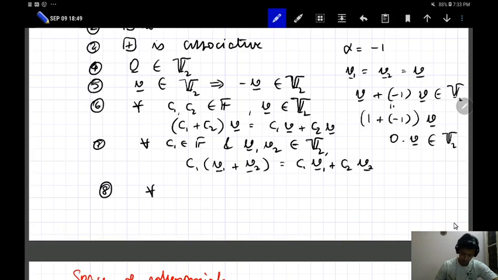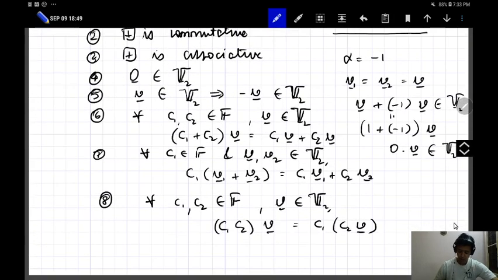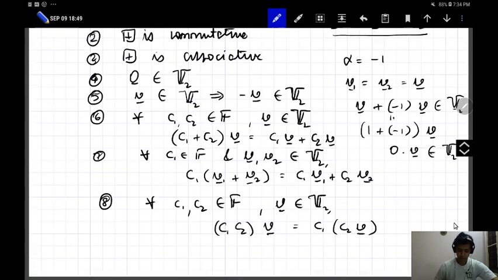And similarly for all c1, c2 in F, (c1 c2) times v is equal to c1 times (c2 v). And basically closure takes care of everything else. So clearly this property is inherited from the space V1, right?